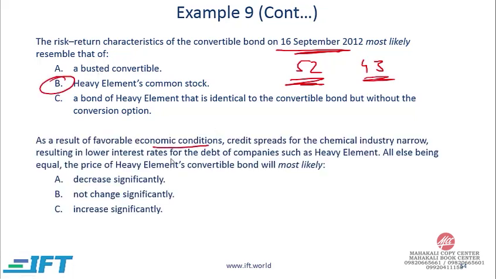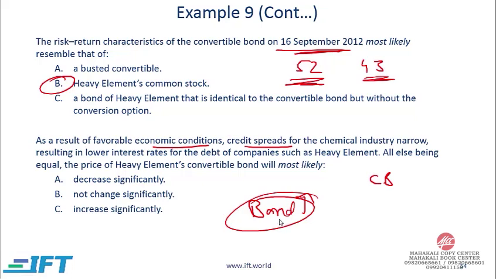Now we are told that the economic conditions are good. So when economic conditions are good and the credit spreads come down, then the bond values go up. But in our case, the convertible bond is acting a lot like equity, and it doesn't really matter what is happening to the bond price.